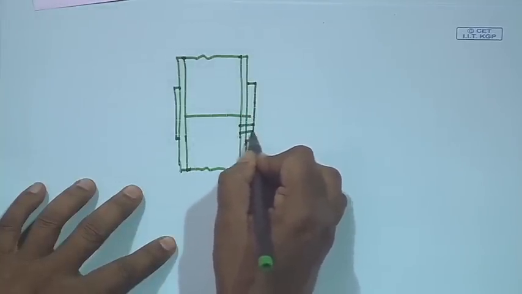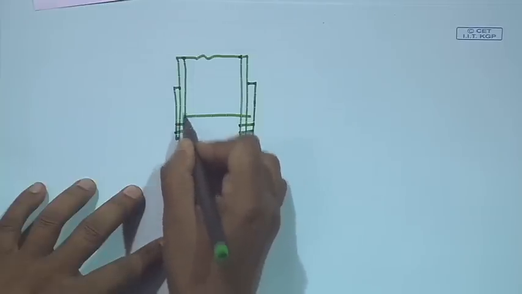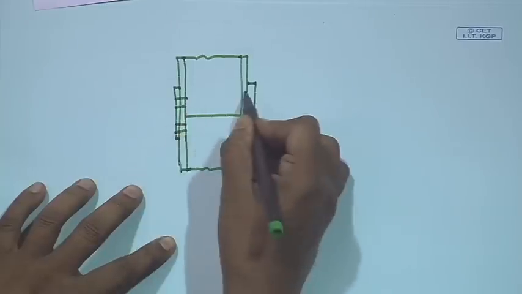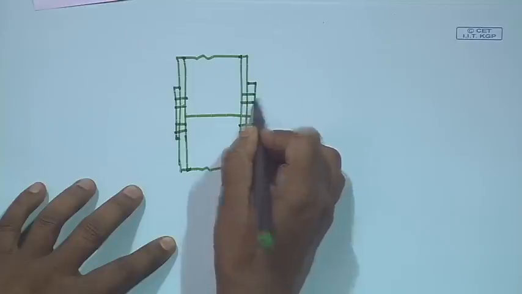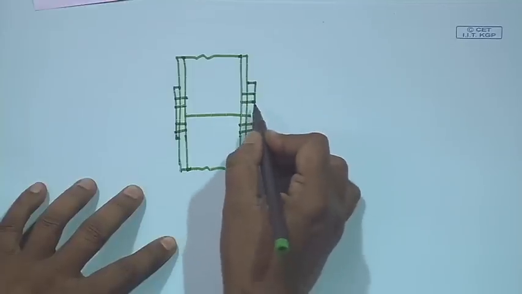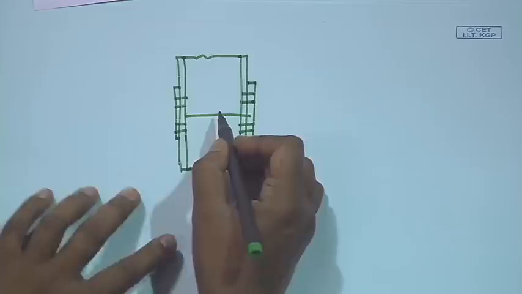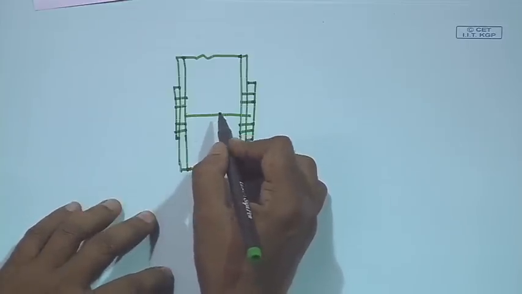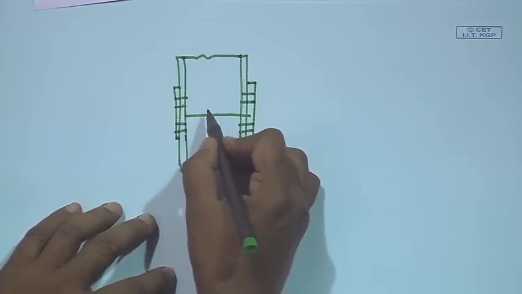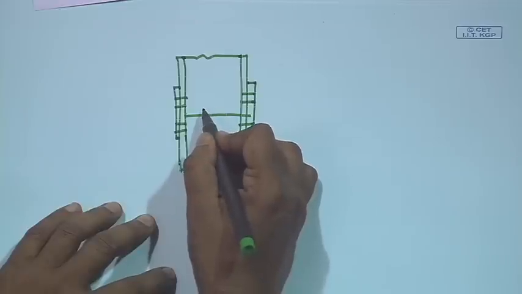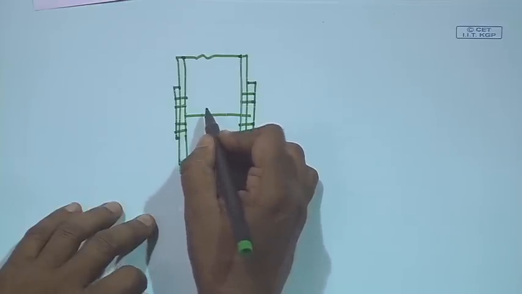Here we have provided a certain number of bolts to splice them, right. And these splice plates can take care of the axial load as well as the moment, but the shear force will be taken by the web, because we know the shear force is generally taken by the web of the plate.